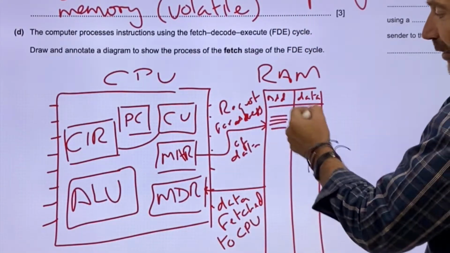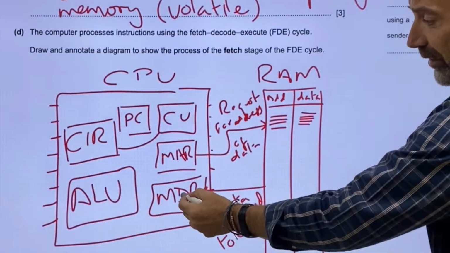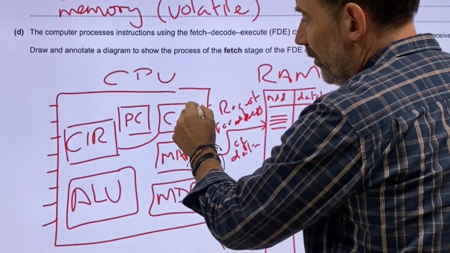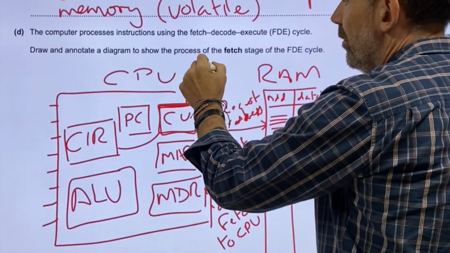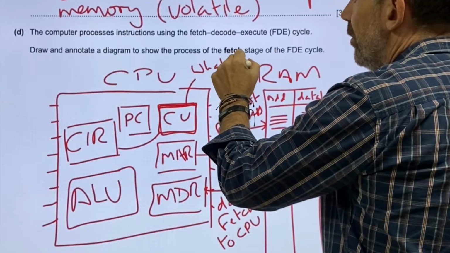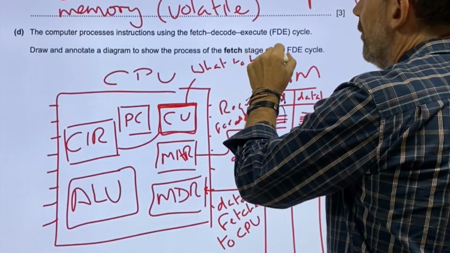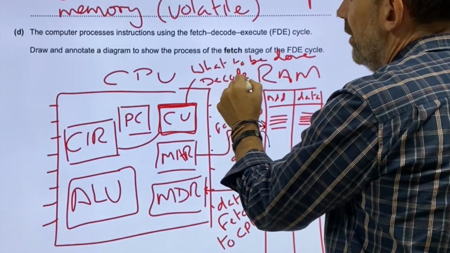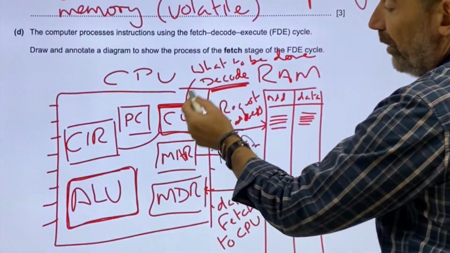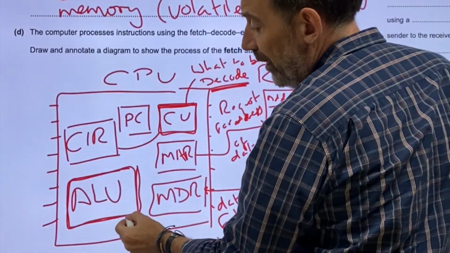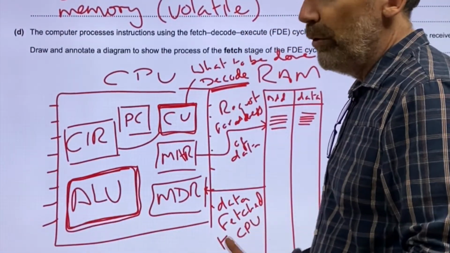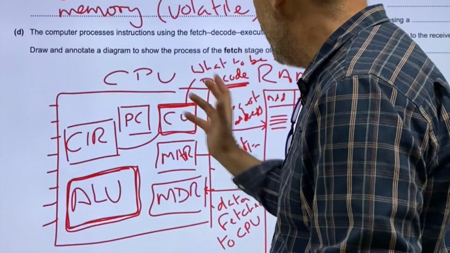The data is sent to the MDR. Then the control unit decides what is to be done, decode. So the CU is doing the decoding. Once we've decoded it, we send it to the ALU if there's any logic or arithmetic processing to be done.